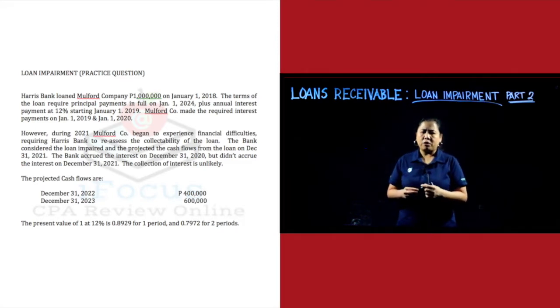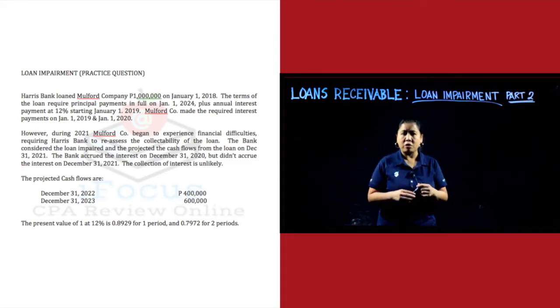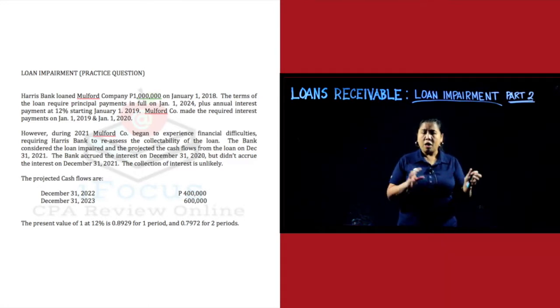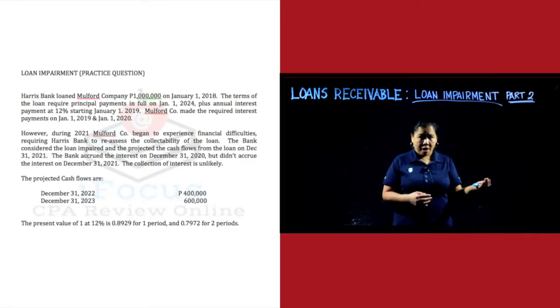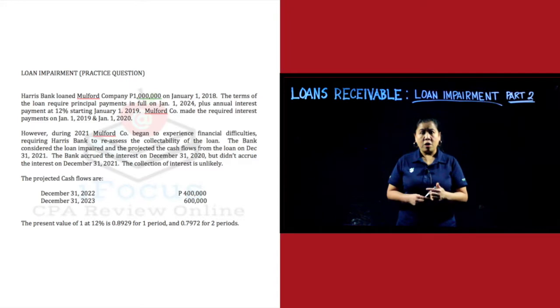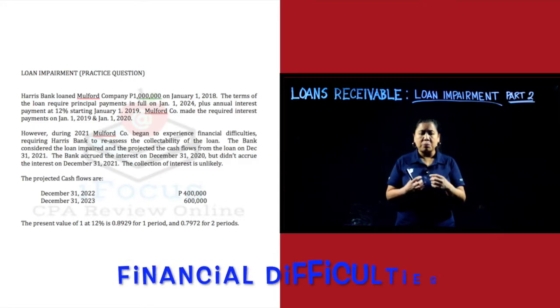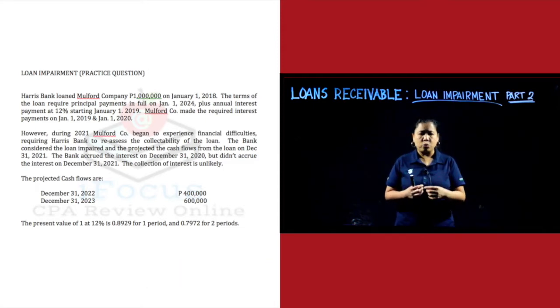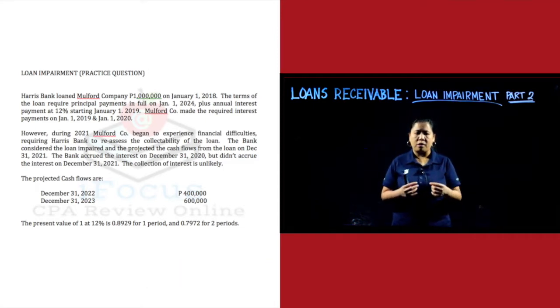Mulford Company made the required interest payment on January 1, 2019 and January 1 of 2020. So, 2 taon nakabayad pa itong si Mulford Company, yung borrower natin. However, during 2021, Mulford Company began to experience financial difficulties, requiring Harris Bank to reassess the collectibility of the loan.